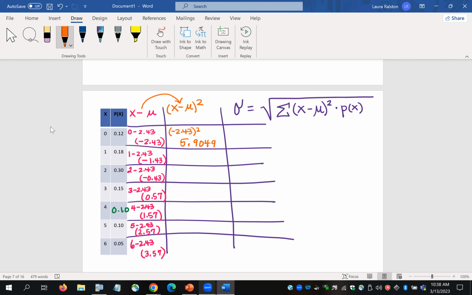Then I'm going to do negative 1.43 squared. That is 2.0449. Negative 0.43 squared is 0.1849.